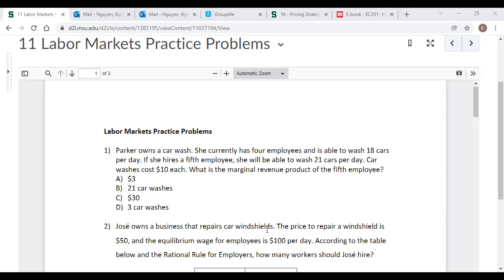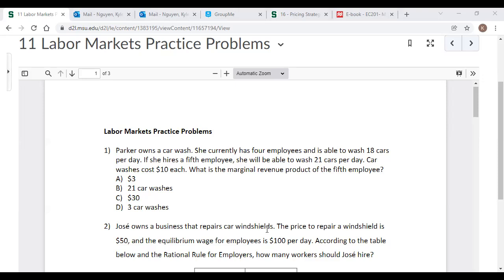B, 21 cars washed. This is not our marginal revenue product. This is our total product, which is basically the total amount of an item we've produced or total amount of a service we gave. And obviously that's not what we're looking at. We're looking at the marginal revenue product. C is the correct answer, and D, 3 cars washed. That's our marginal product of labor, which is basically the additional product we were able to produce by hiring an additional worker.